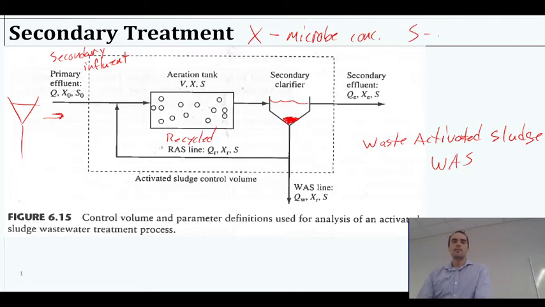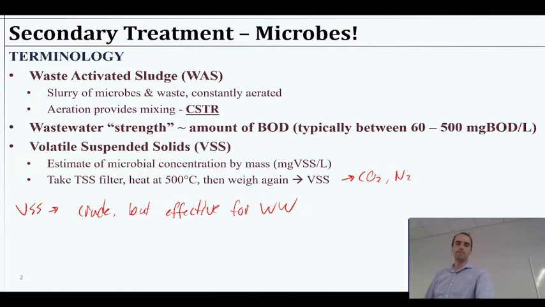And S is going to be substrate or food. So I'm going to use those two terms pretty much interchangeably. A substrate for the bacteria to grow on is their food, right? So S then is kind of the wastewater stuff that we're trying to remove. That's the BOD. Okay, so then this VSS is effectively going to be our value for X. And it's going to be in milligrams VSS per liter.